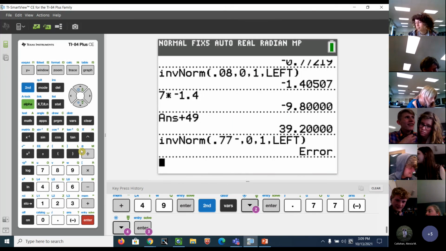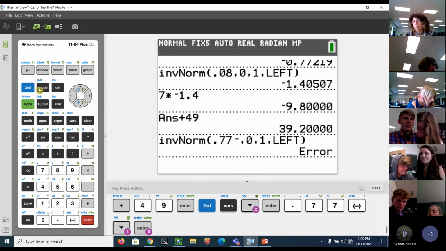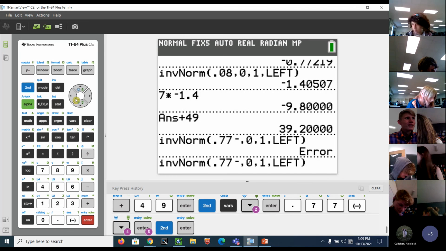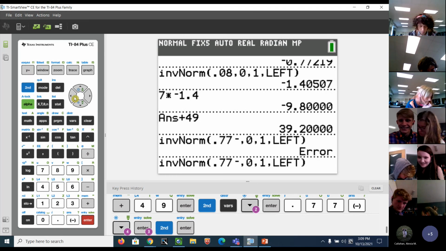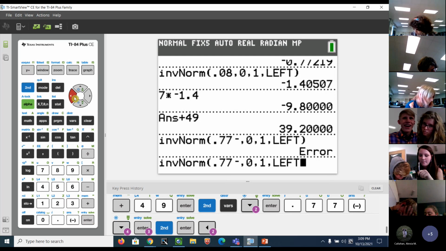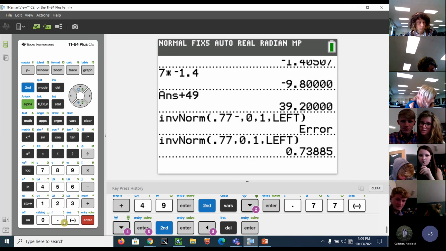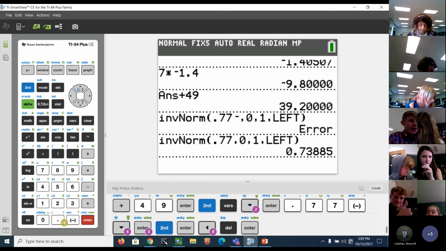Let's see. Didn't like that negative probably. Second entry. Yeah. Inverse norm 0.77. I don't like that negative. Try that. I got 0.73, 0.74. So I've got a z-score of 0.74.